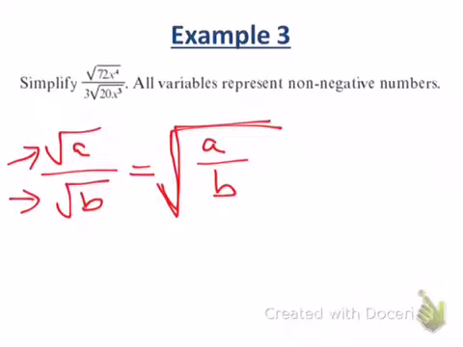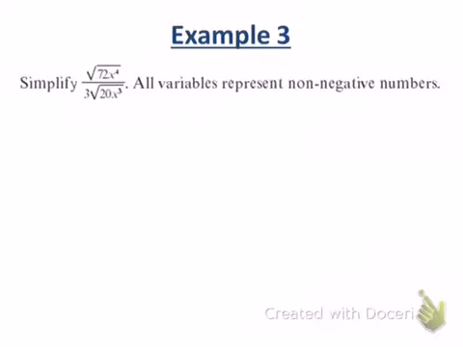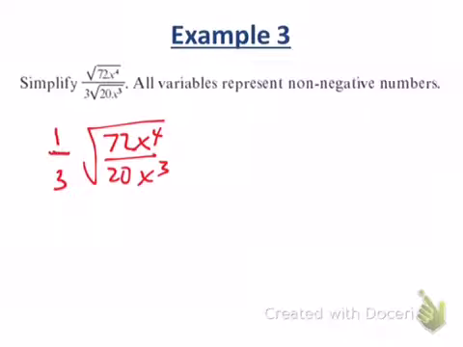Okay. Now, we can do something with the square root of 20x cubed by rewriting this fraction as 1/3 times the square root of 72x to the 4th over 20x cubed. Now, how does this help us?